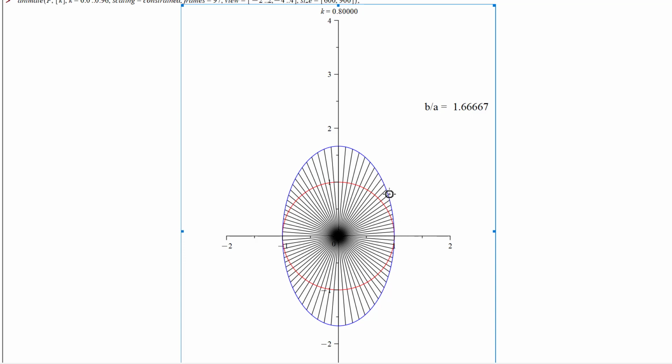So r over a has bigger values right here. And notice those are at pi over 2 and 3 pi over 2, odd multiples of pi over 2. And there'll be no stretching right here when we're at multiples of pi.